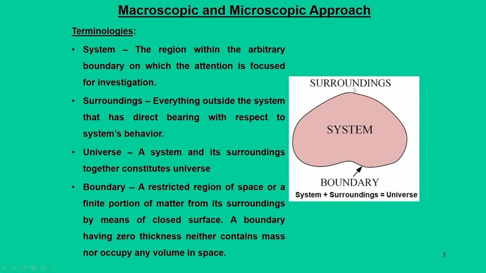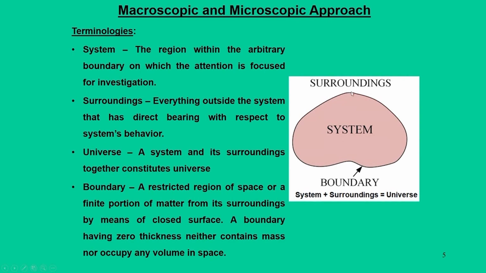So, as you can see in this figure, we can draw a system where we want to study what is going on within the system, but this system is limited with respect to the surroundings by a boundary.